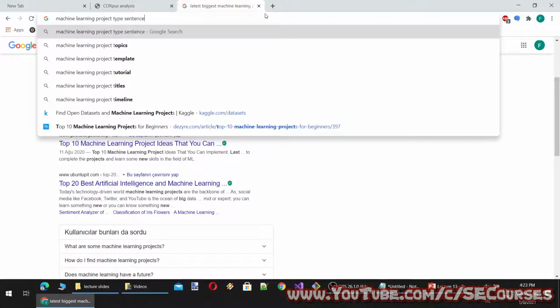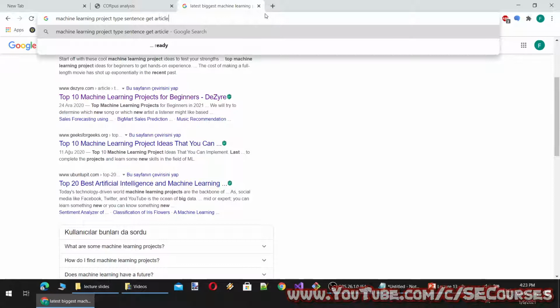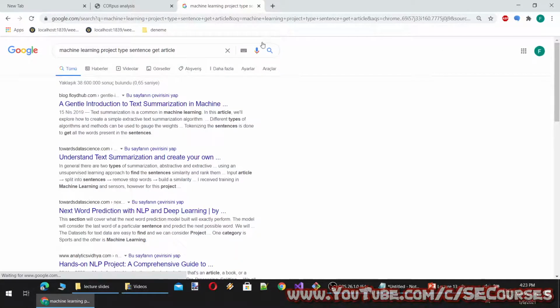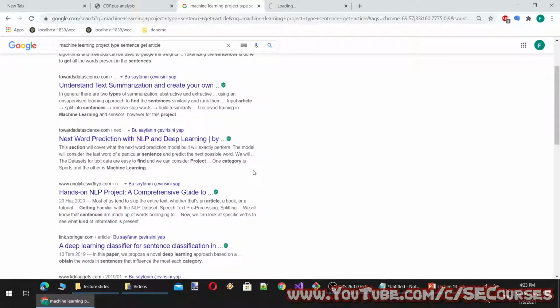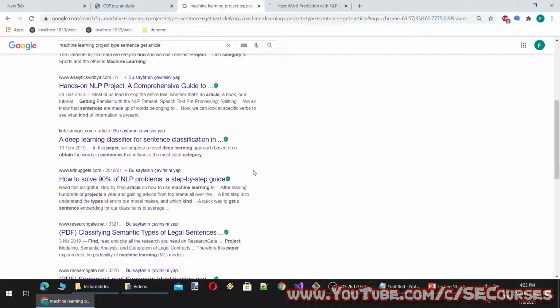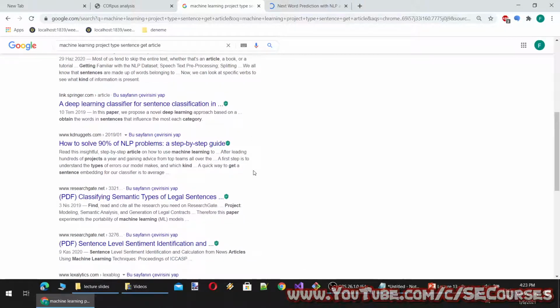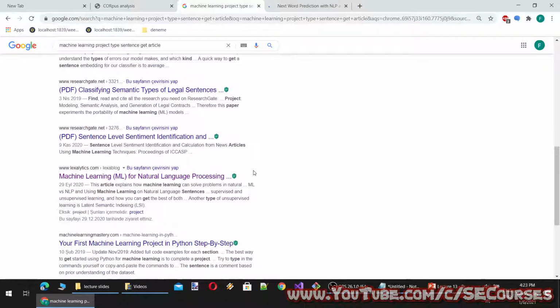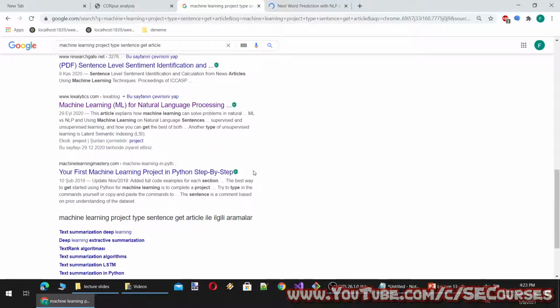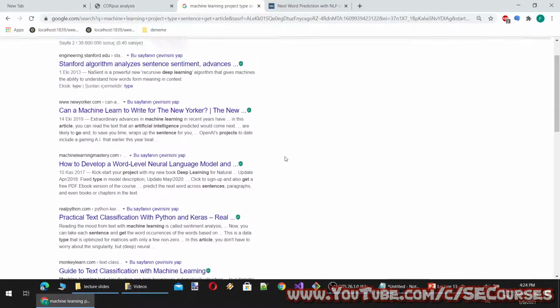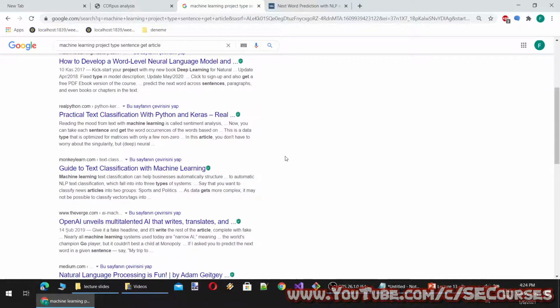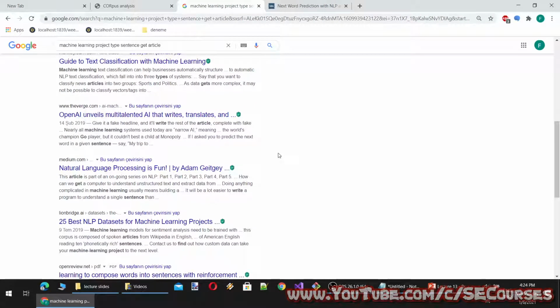Type sentence, get article. I think it may be OpenAI.